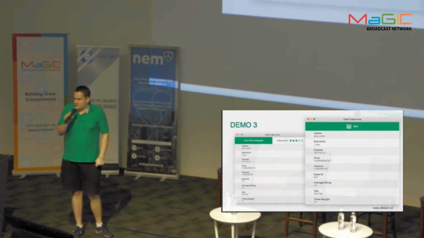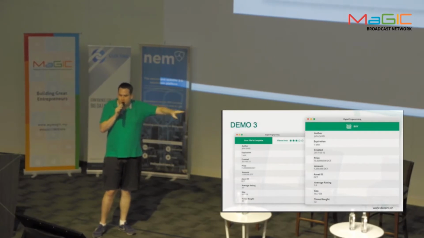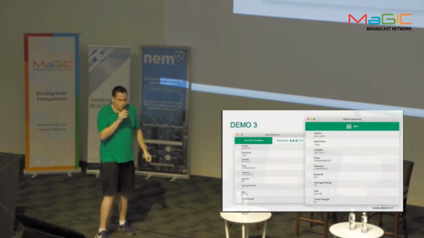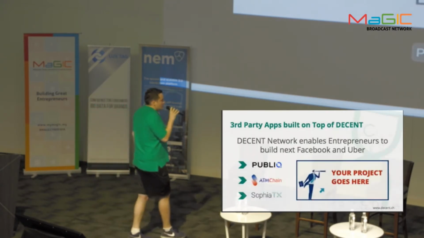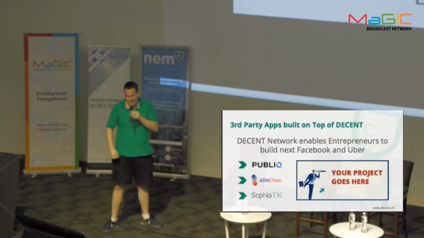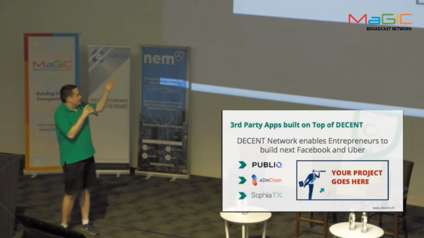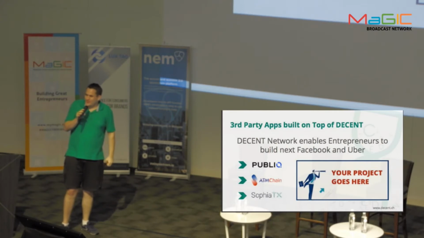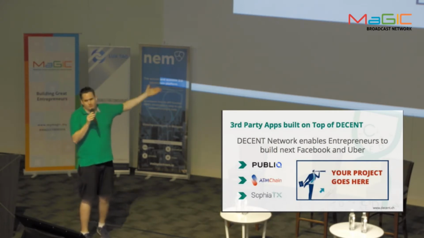But the difference is that here everything is transparent, everything is recorded and staying in the blockchain. So this score is real and everyone can see the transactions. Now, basically, Decent enables entrepreneurs to build the next Facebook and Uber because it's open source, and if someone wants to, you can use it for free.